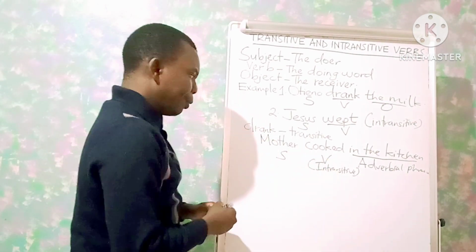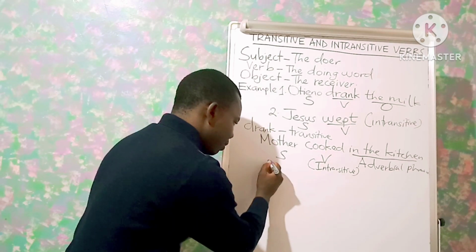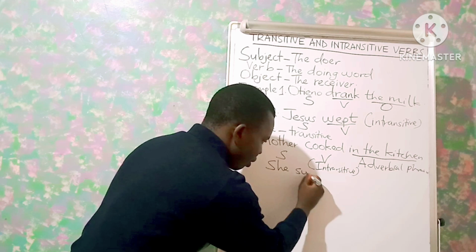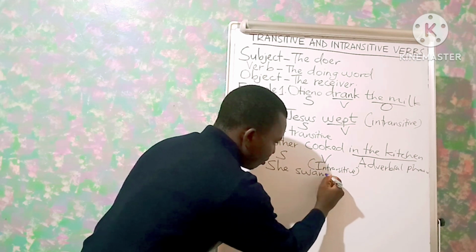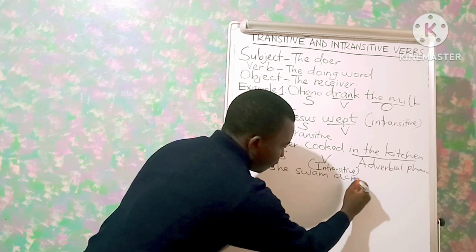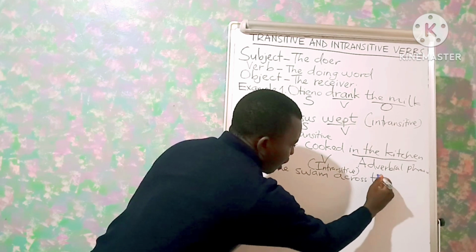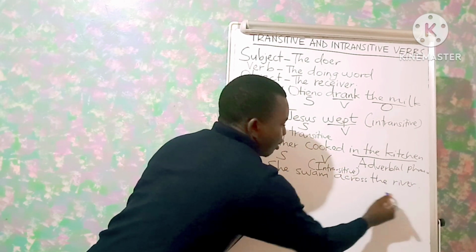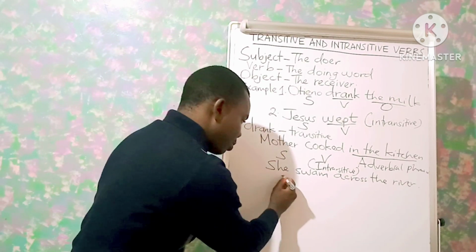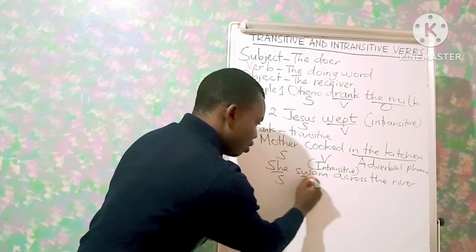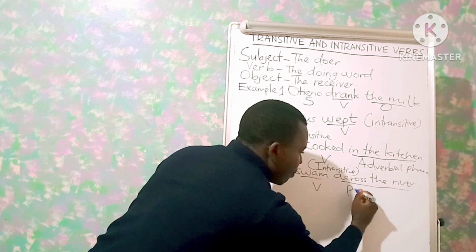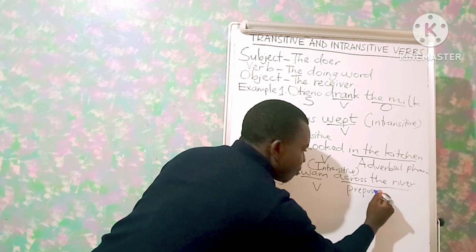Another example that we will look at is that she swam across the river. So she is the subject here, swam is the verb, and across the river is a prepositional phrase.